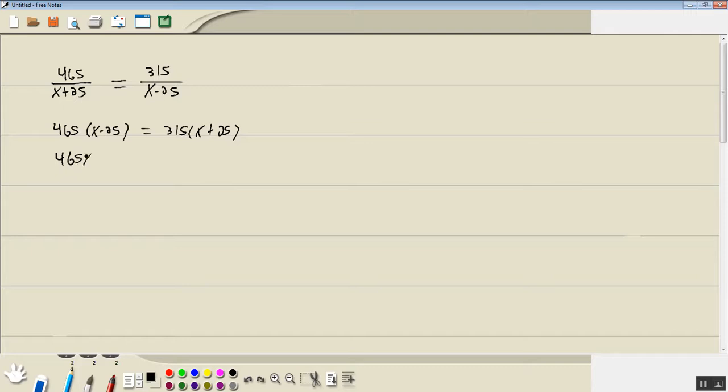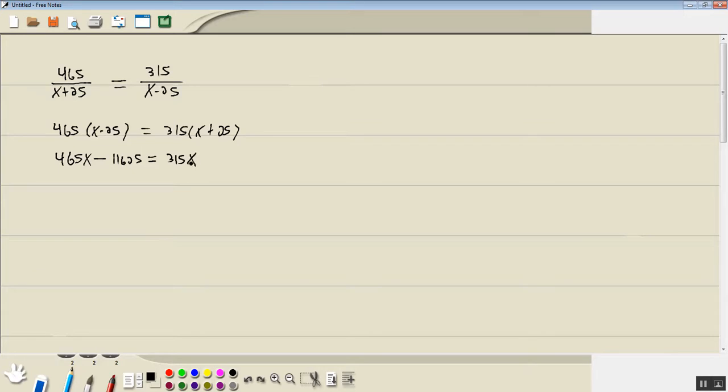So I got 465x minus, I got my calculator right here, 465 times 25. Now if this doesn't give us the correct answer, assuming I set that up right, this part I'll probably have to look up.